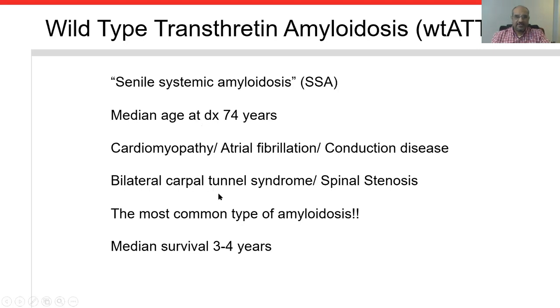Also, bilateral carpal tunnel syndrome and spinal stenosis are the main extracardiac manifestations of senile amyloidosis or ATTR amyloidosis. The most common type of amyloidosis is this type, and the median survival after diagnosis is 3 to 4 years.